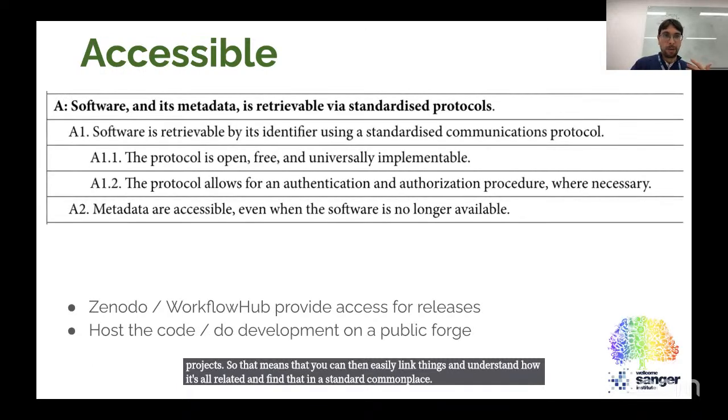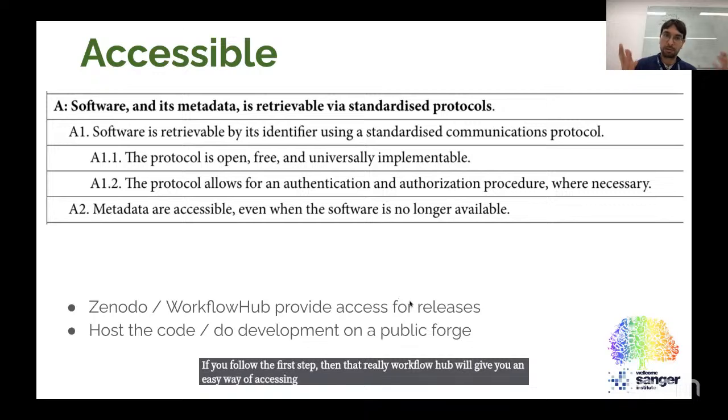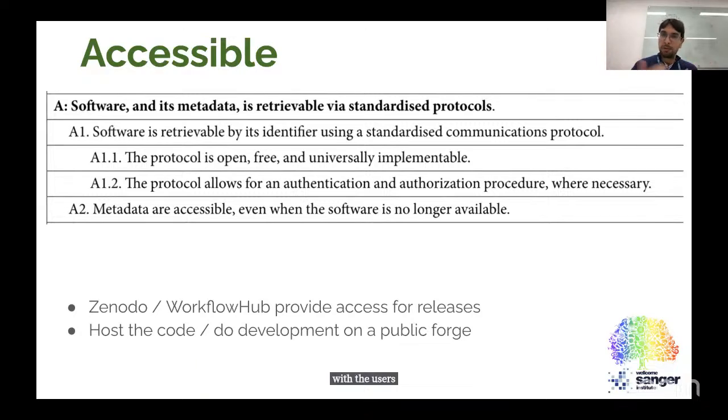Accessible: if you follow the first step, then naturally Zenodo and Workflow Hub will give you an easy way of accessing all your releases. It's all standard and accessible. But I would say as well, for development, use a public forge, GitHub or GitLab, whichever you like. It just makes it much easier to interact with the community and the users, because inevitably you will want to communicate and get some feedback.